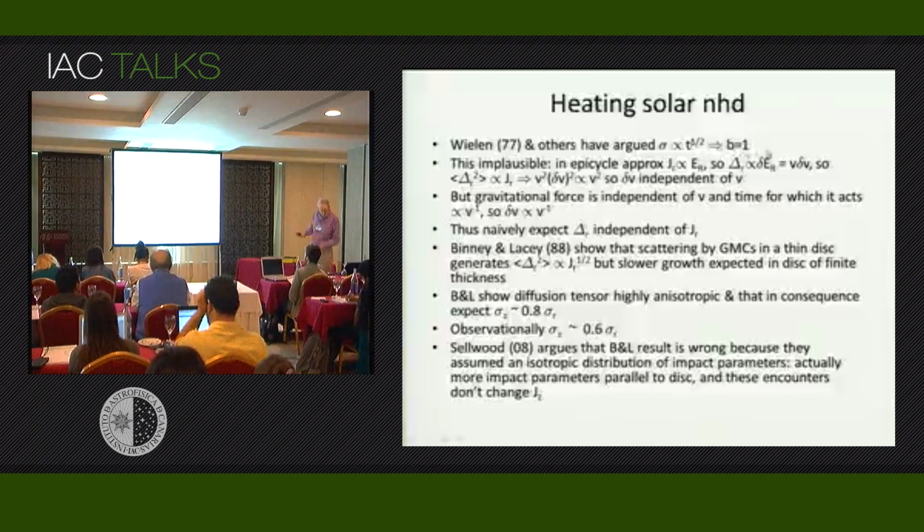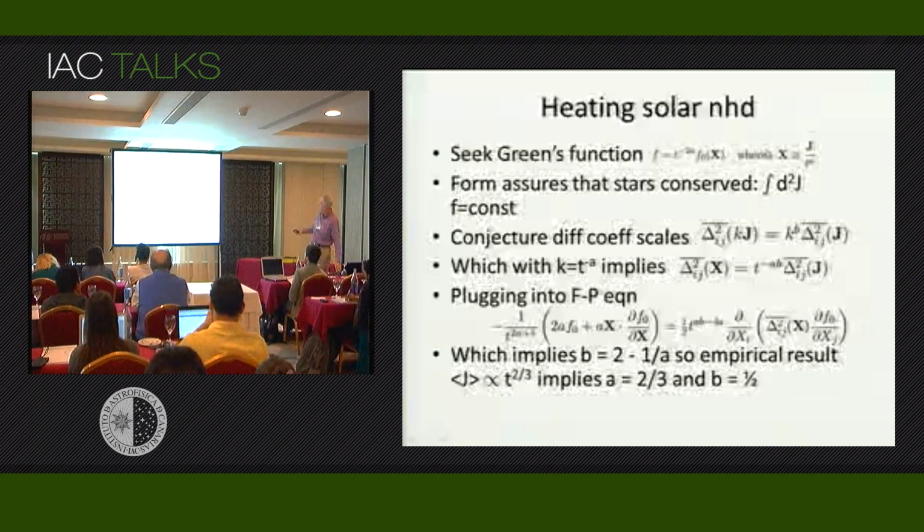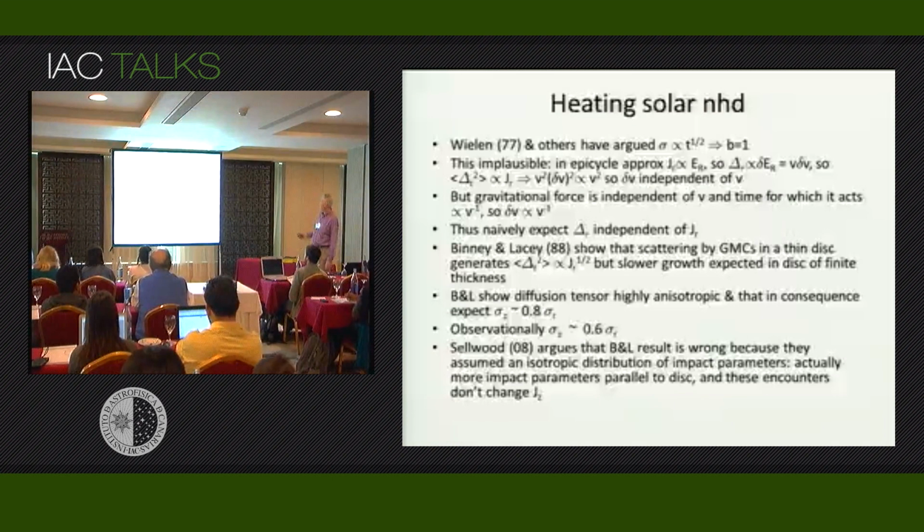The formulae that we had on the last slide will immediately persuade you that if the velocity dispersion were to increase like the half power of time, like the square root of time rather than the third power of time, then that number b, which described how the diffusion coefficient scales with action, would have to be 1. Now this is implausible. This can't be.